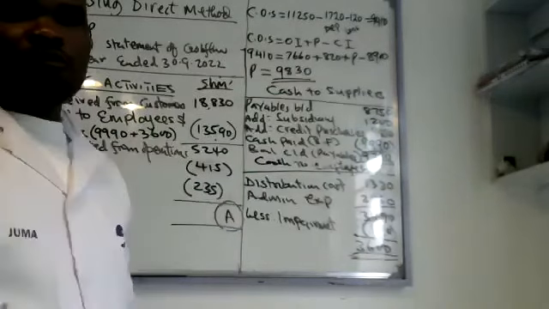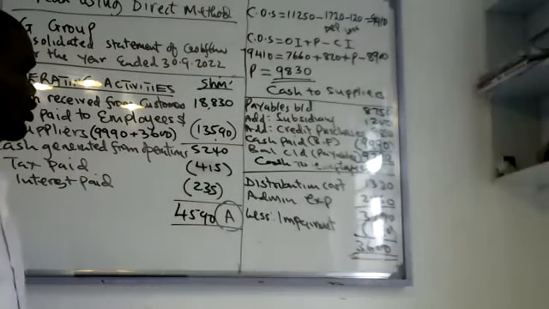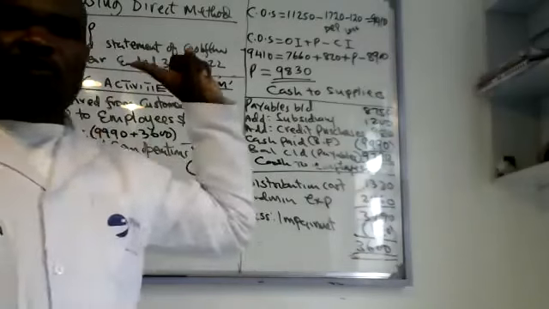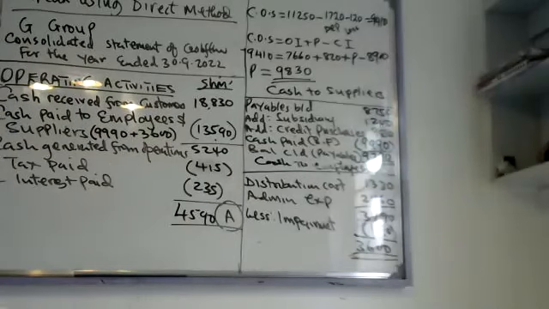What do you get? 4590. Is 4590 what we got on the other side, for A on the other side, for the indirect method? Is that what we got? Halima, yes.